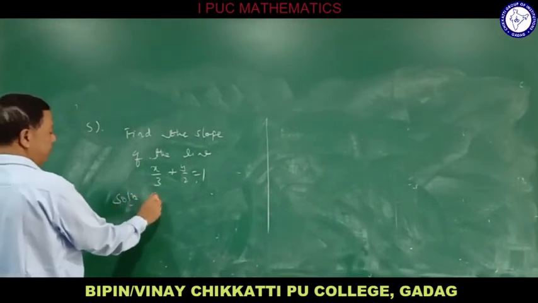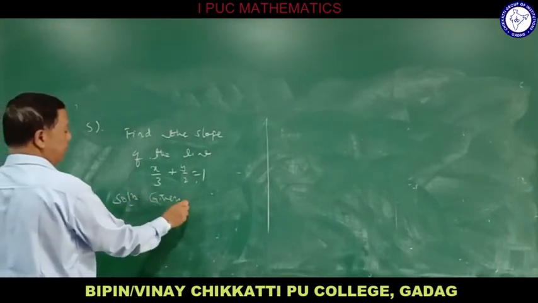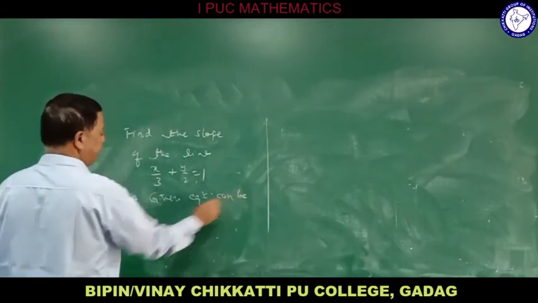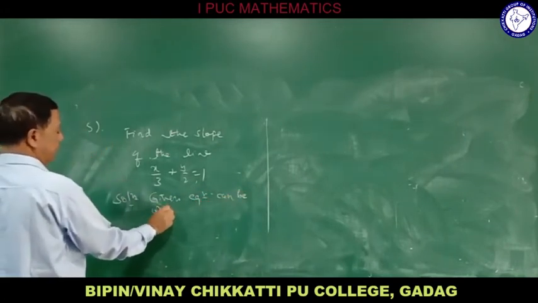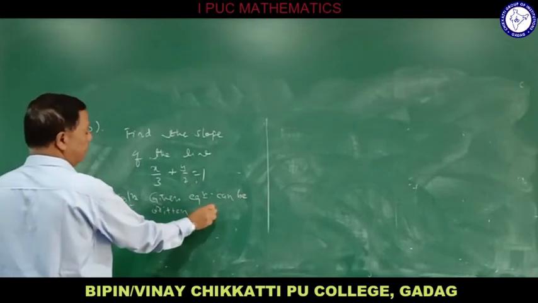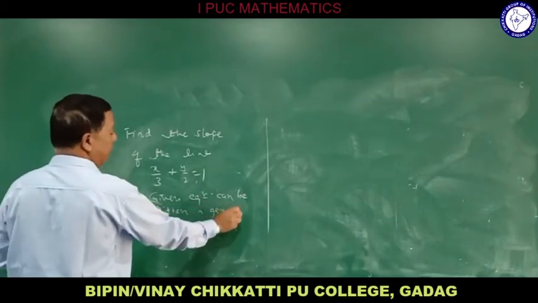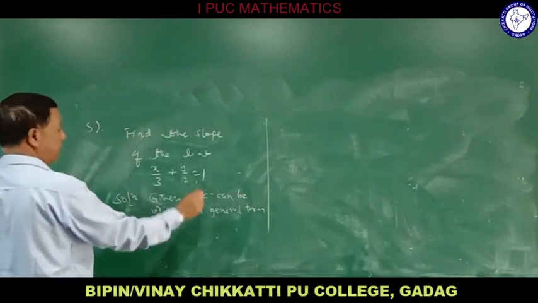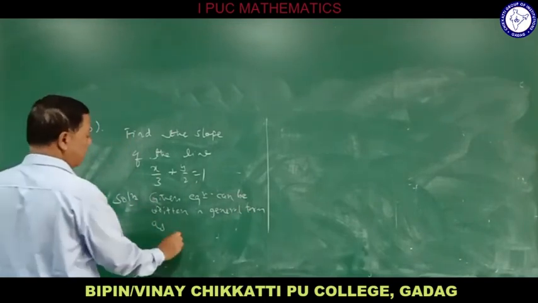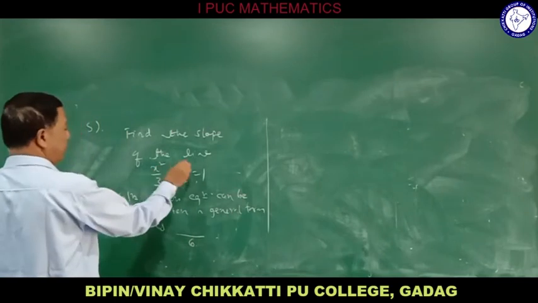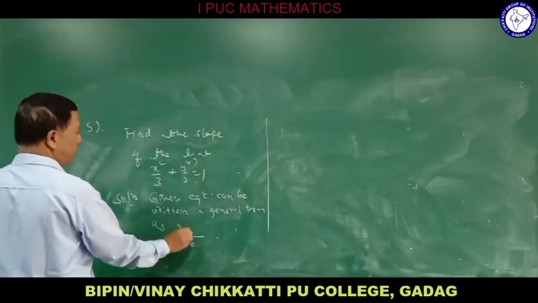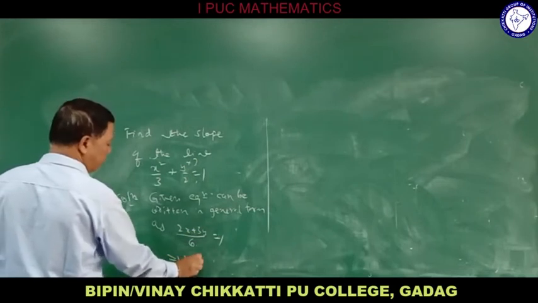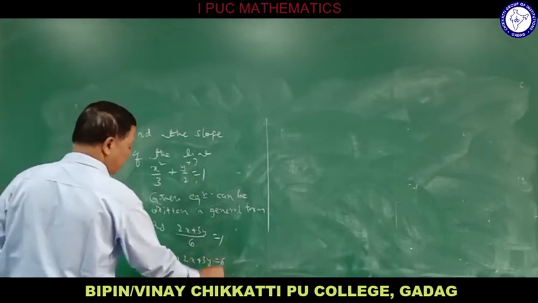So the given equation can be written in general form. General form means you have to take the LCM, which is 6: 3 2s are 6, 2 3s are 6, so 2x plus 3y is equal to 6.